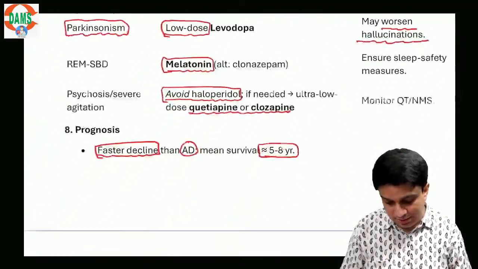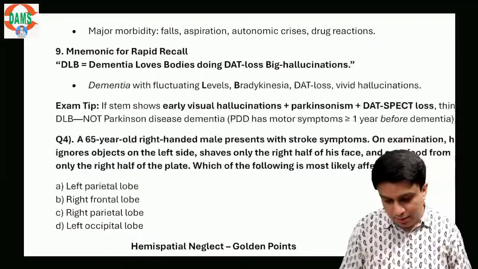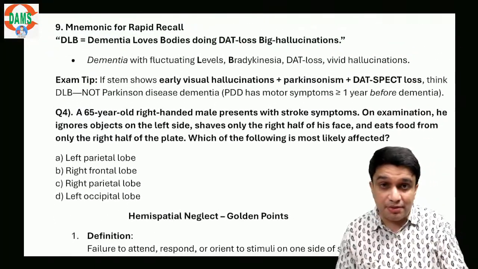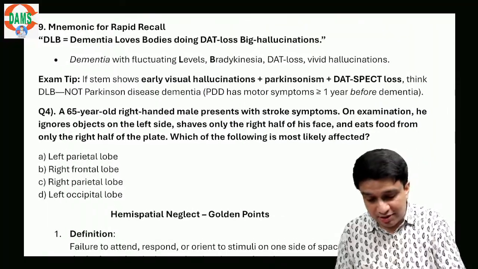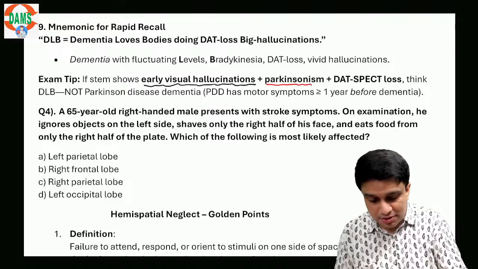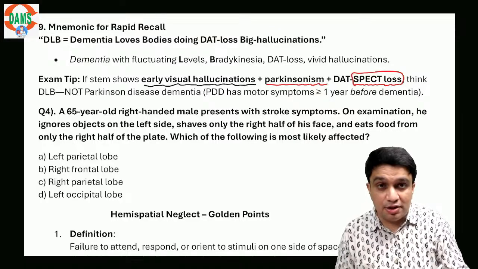So the early exam tip that you can know here is the patient should have early visual hallucinations with a Parkinsonism symptom, and dopamine uptake loss is seen.